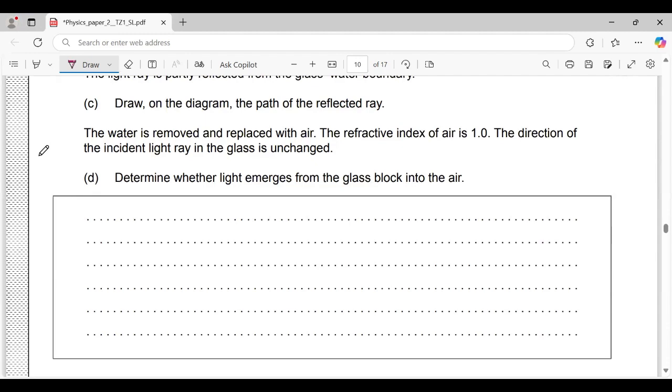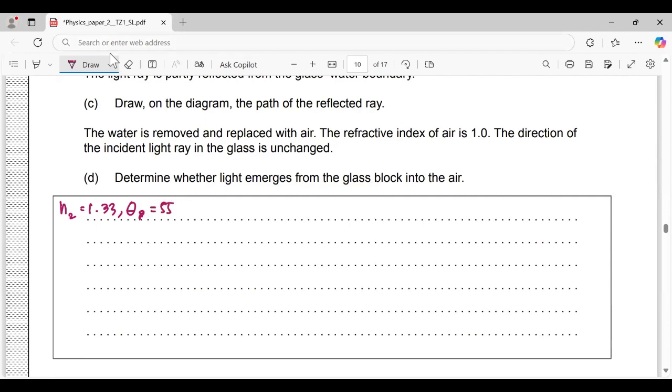Right. So N2, the refractive index of water, is 1.33, and theta 1 is 55.